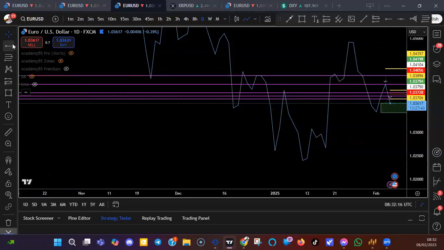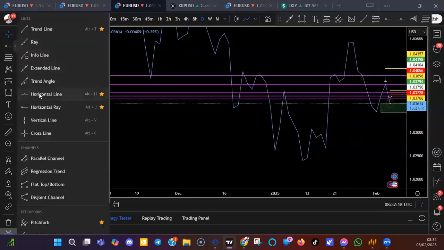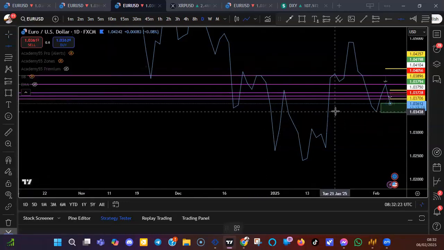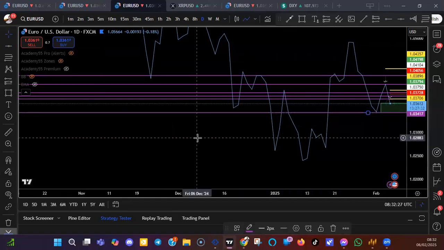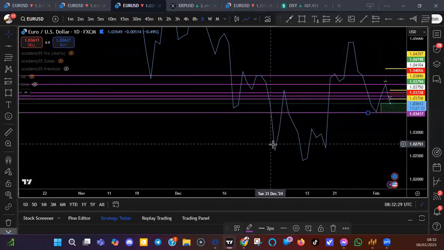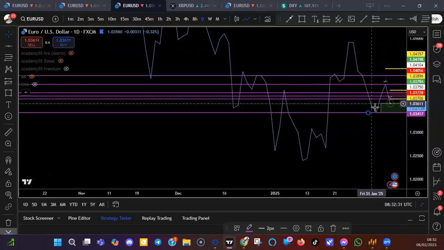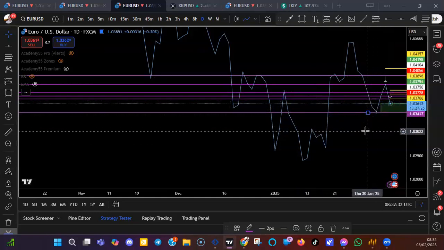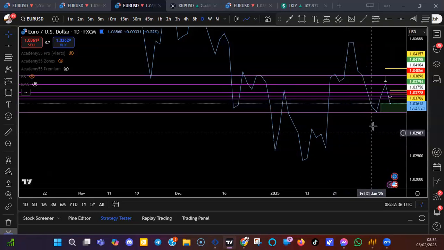So one could say maybe it might be heading down to this area here where all the imbalance is, before going back up again, maybe just like it did historically before. And that will cover all the imbalance.